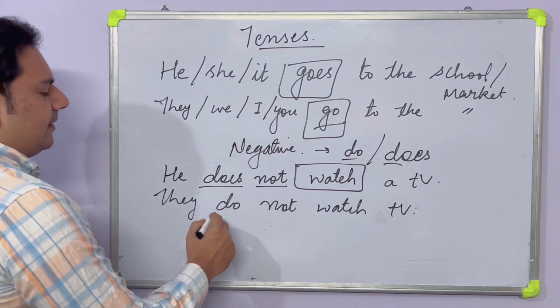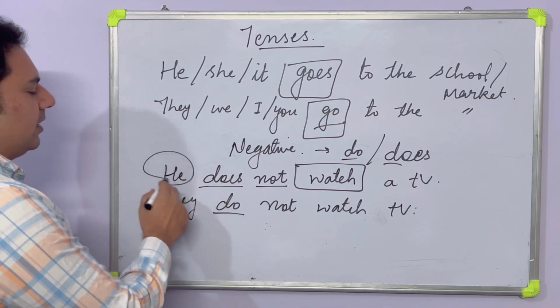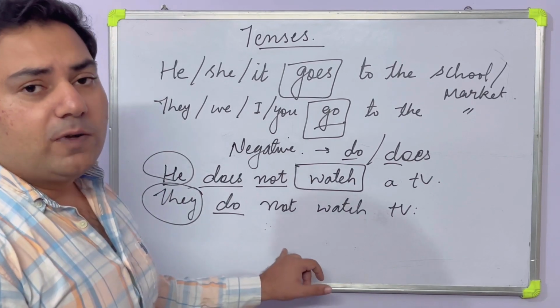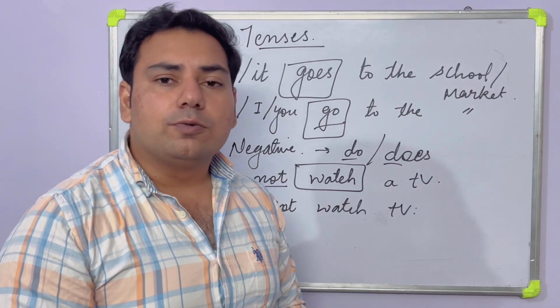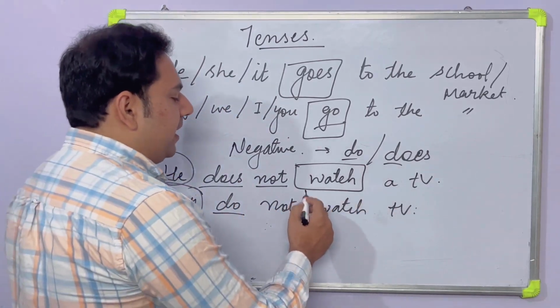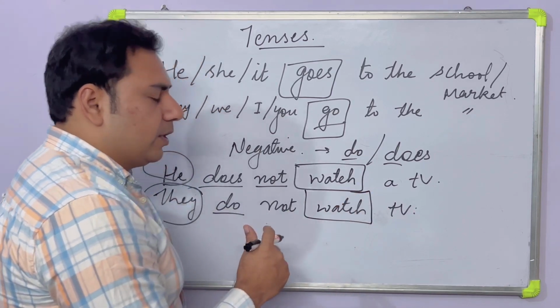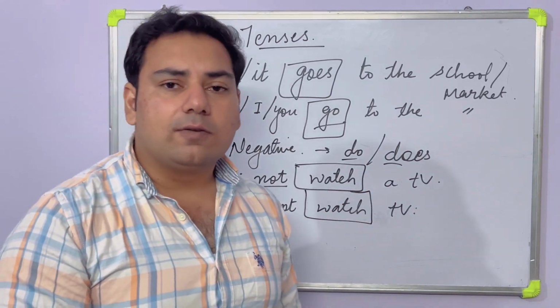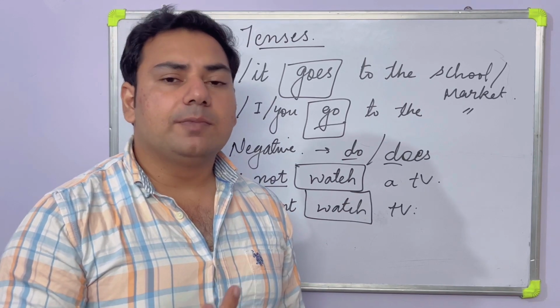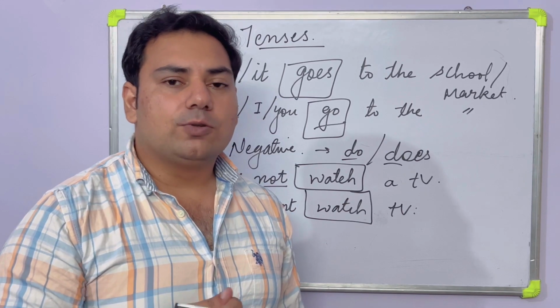So that is the same. Does is used with the singular subjects, do will be used with the plural subjects, and not will be added to make them negative, but the verbs will remain in the root form, their original form. No changes will be made when we make them negative. So keep that in mind.